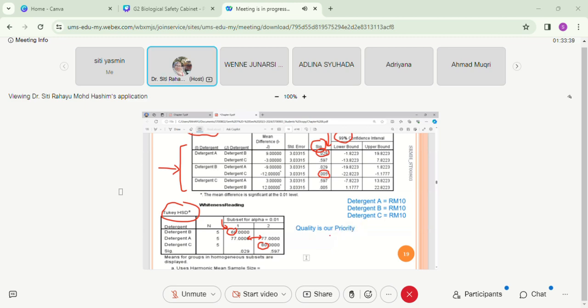Now, you need to make a decision whether to buy detergent A, B, or C. Everybody ready on chat?